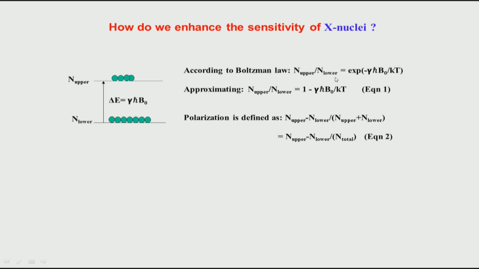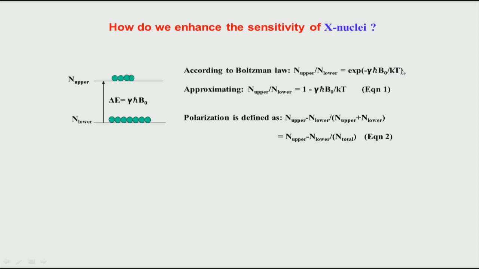Here gamma is a constant, h is Planck's constant, B0 is the magnetic field, and k is the Boltzmann constant, and T is the temperature. Typically the temperature that we work at in our laboratory is room temperature, or you may go down to probably 0 degrees, but very rarely do you go to very low temperatures of the order of 100 Kelvin or even 5 or 10 Kelvin.